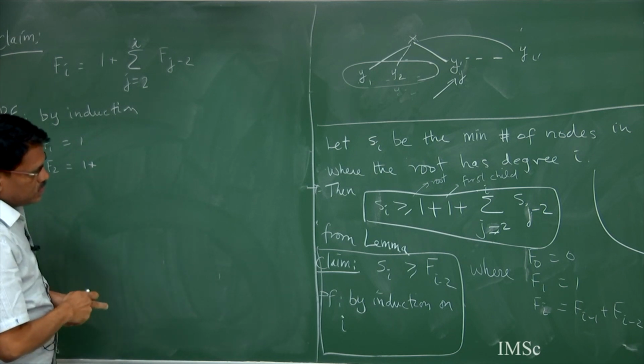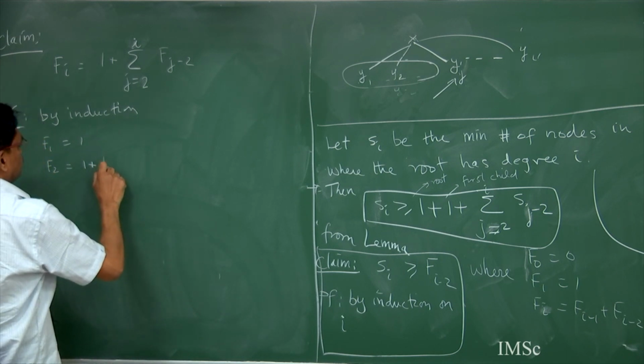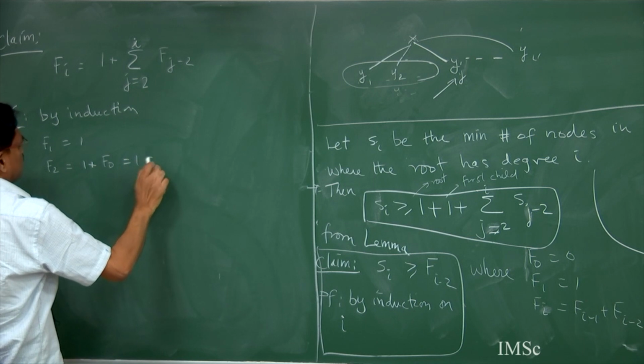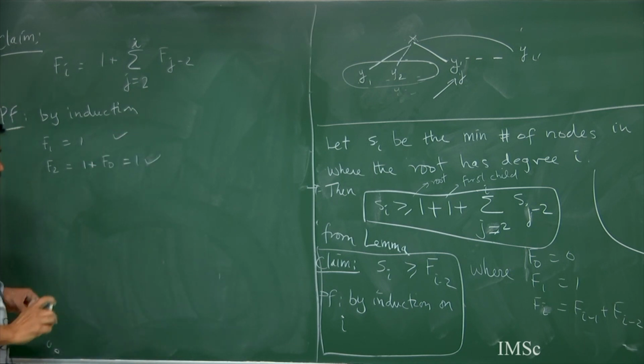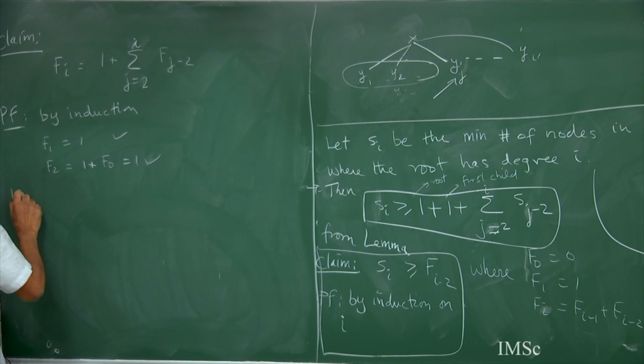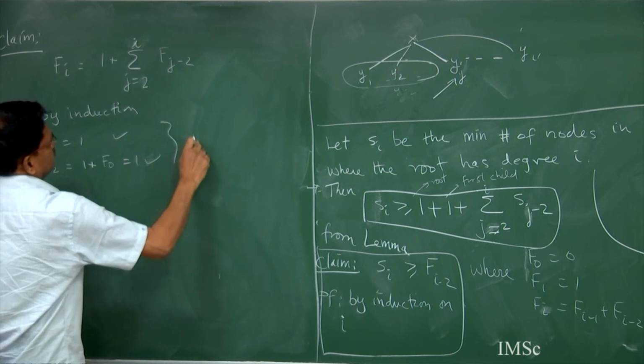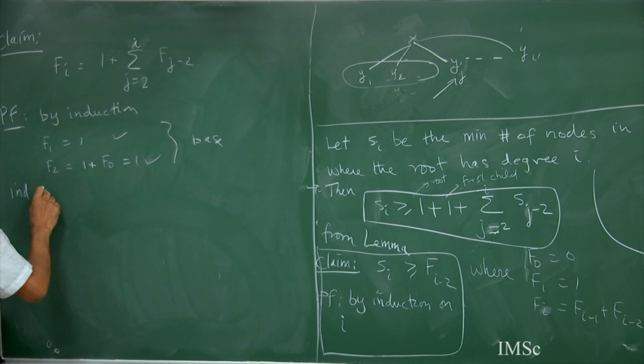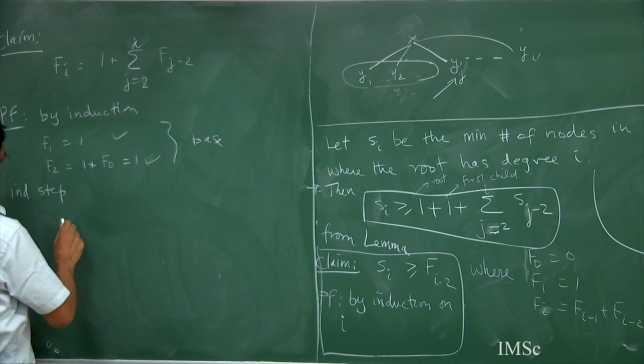F0, which is equal to 1, which is fine. So I assume it's true up to some I. These are the base cases. At the induction step, what do I have?